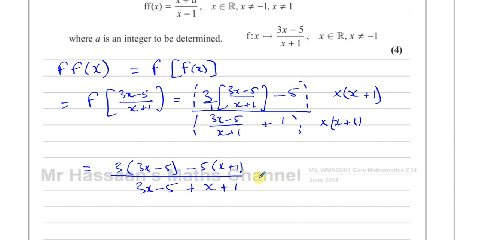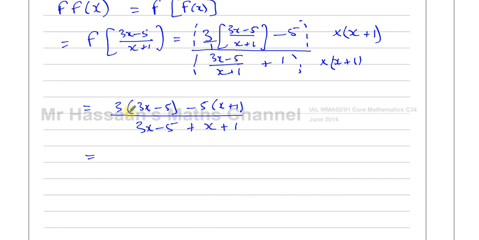So now we're left with this. Let's expand the brackets on top and simplify. That's going to be 9x minus 15 minus 5x minus 5 over, this is 3x plus x, which is 4x, minus 5 plus 1, which is minus 4.